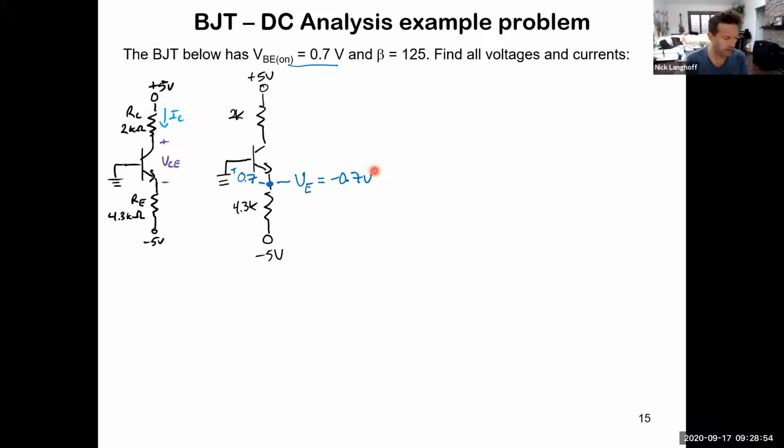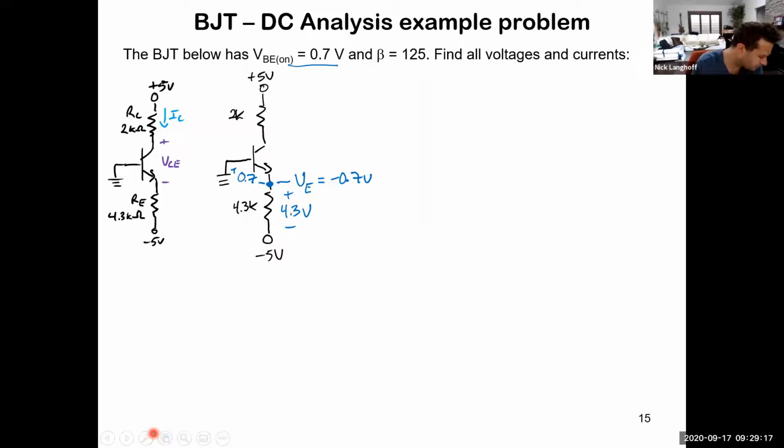Excellent. Now, if that's negative 0.7 volts, and this is minus 5 volts, then the difference between those is a 4.3 volt drop across that 4.3 kilo ohm resistor.